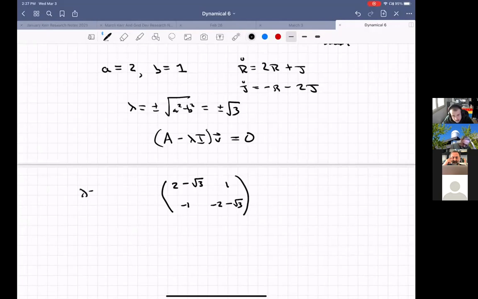So I'm going to do the lambda is plus root 3 times Vx, Vy. Okay, I feel like I've made a mistake, because my system doesn't look linearly independent.